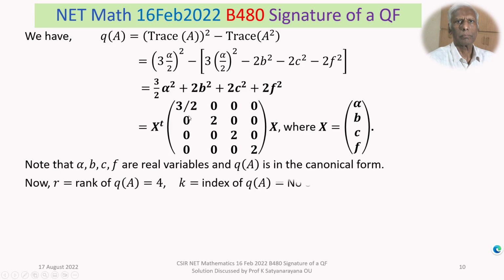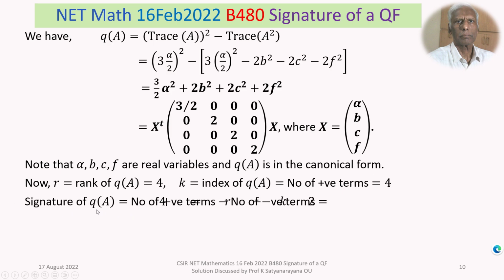Now the rank of Q of A is equal to the number of non-zero entries on the main diagonal in the canonical form, that is 4. The index of the quadratic form is the number of positive terms in the canonical form. They are all positive, therefore 4. And the signature of Q of A is the number of positive terms minus the number of negative terms. There are no negative terms, so the answer is 4.